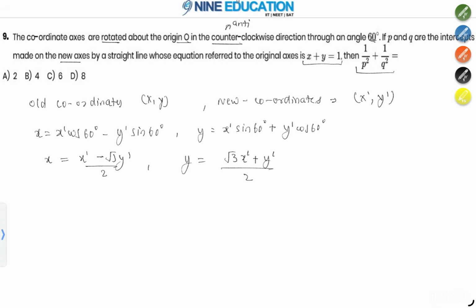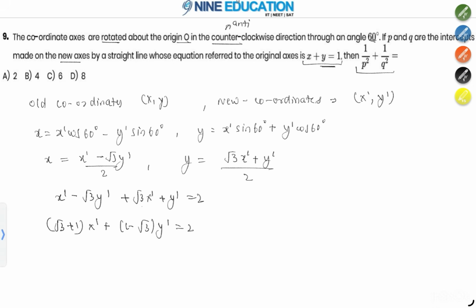Now, if we substitute these two values in our original equation of the straight line, we will get x dash minus root 3 y dash plus root 3 x dash plus y dash, and this has to be equal to 2. If you simplify further, you get root 3 plus 1 x dash plus 1 minus root 3 y dash equals 2.